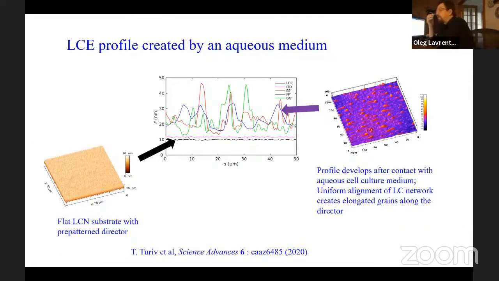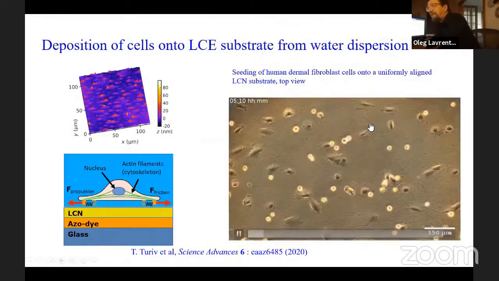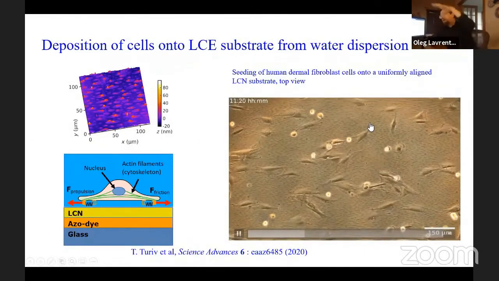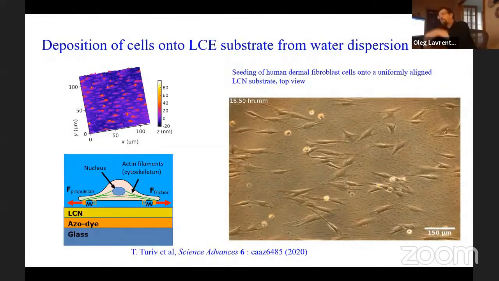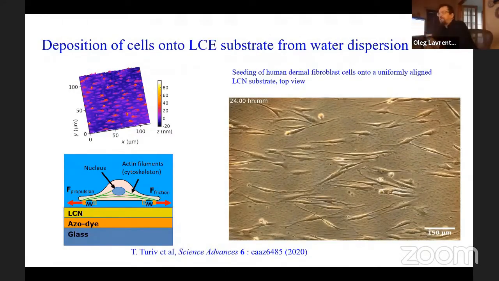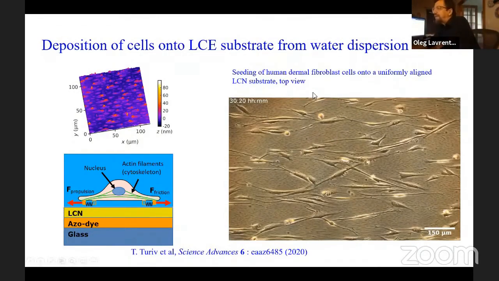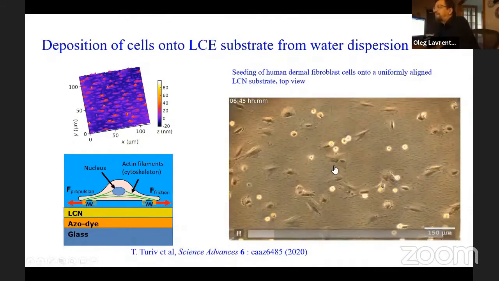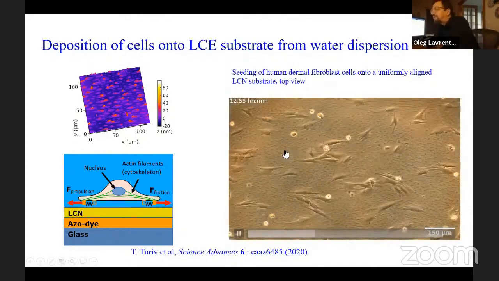But it turns out that this is sufficient for the cells to test and to feel the profile and to align themselves parallel to those nanograins. Here the movie shows you how the cells that are being deposited from water environment above this picture, when they contact the substrate, they feel the nanograins.